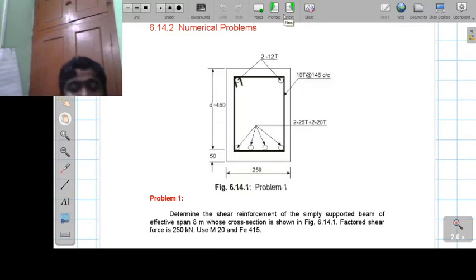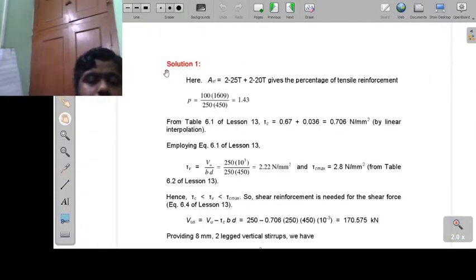Let us see how we can do this. Our first job is to find the area of the main reinforcement. In the figure, it was given 2 numbers of 25 dia and 2 numbers of 20 dia. If you do the calculation, it will give Ast, divided by the effective cross section area, b into d, giving you the percentage.